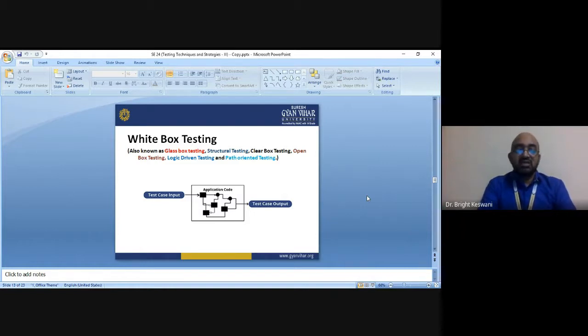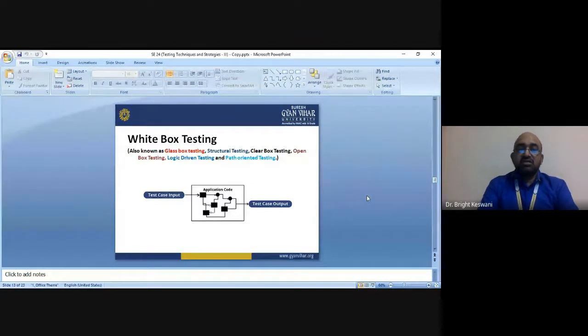As I earlier said, in the case of black box testing, there is no need for the tester to know the specific programming language, because in black box testing we are not focusing on the internal functionality of the system or software.